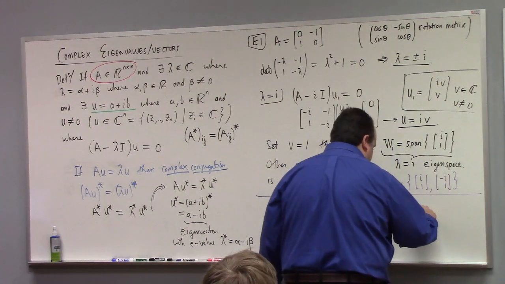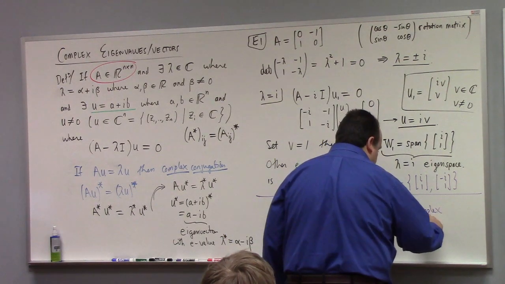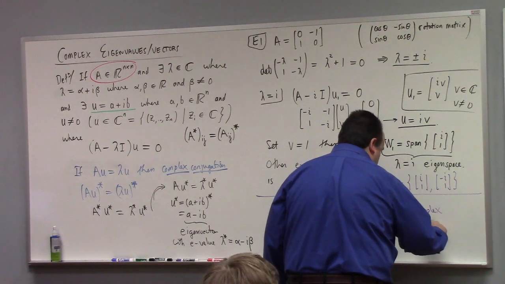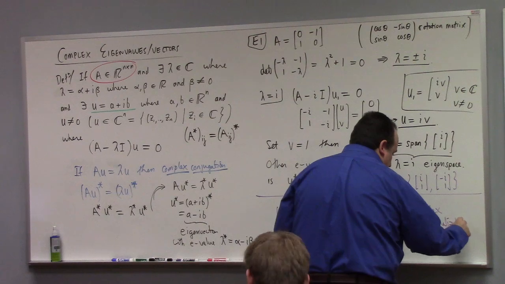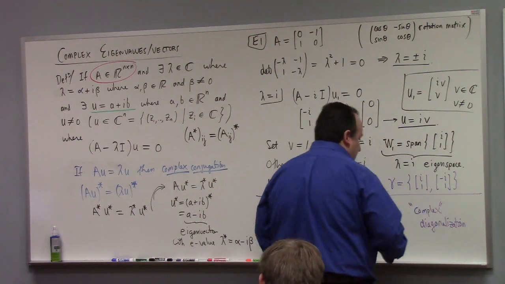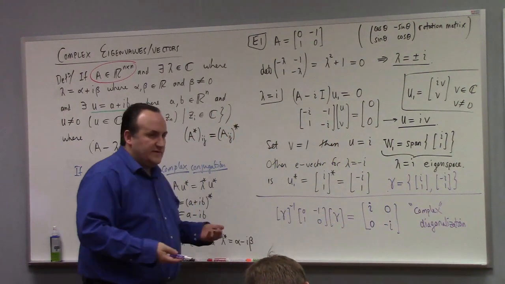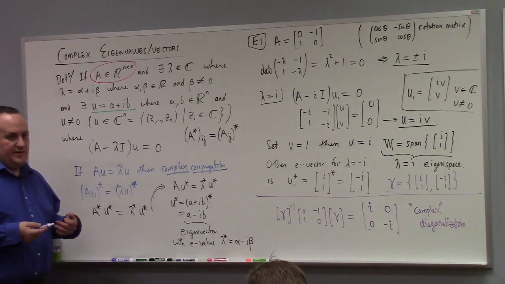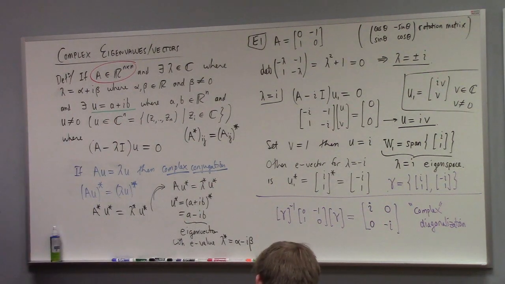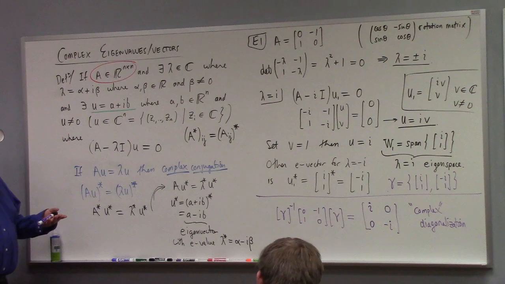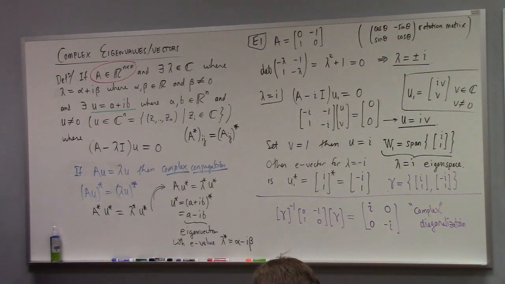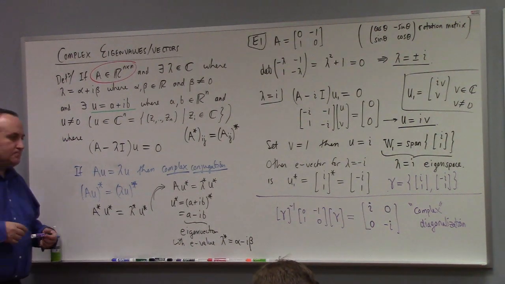So you could call this a complex diagonalization if you like, I suppose. Most people wouldn't count this as a diagonalization of the matrix, because in most contexts we have to keep it real. So while this is interesting, it's not really what we're after for applications. But it does have its place, logically speaking.